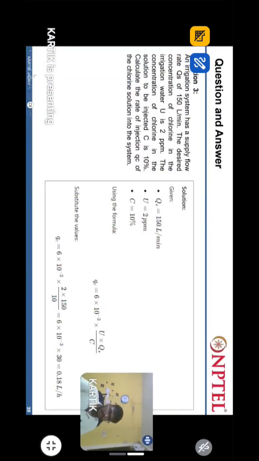So let's write the given here. So QS, that is irrigation system supply flow, given, right?